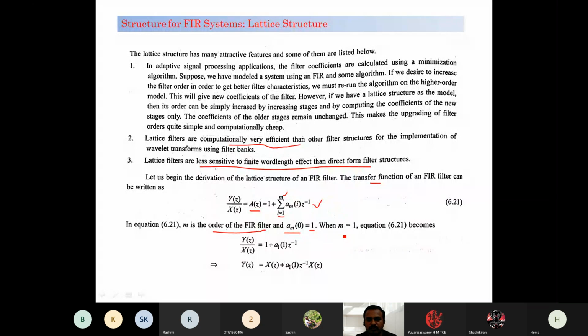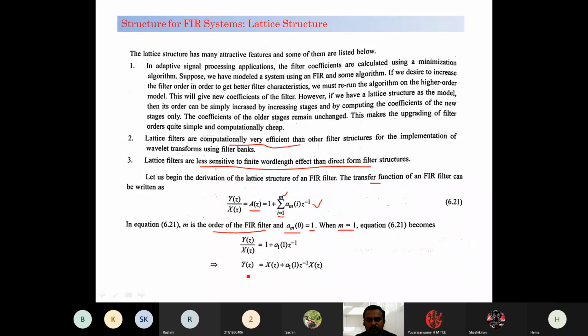So when m is equal to 1, meaning the order of the filter is 1, then Y(z) divided by X(z) is nothing but 1 plus the coefficient of the first element, a_1(1) z inverse.